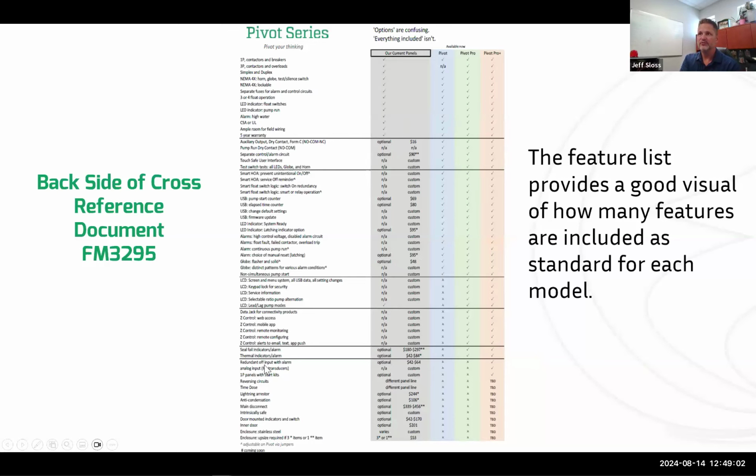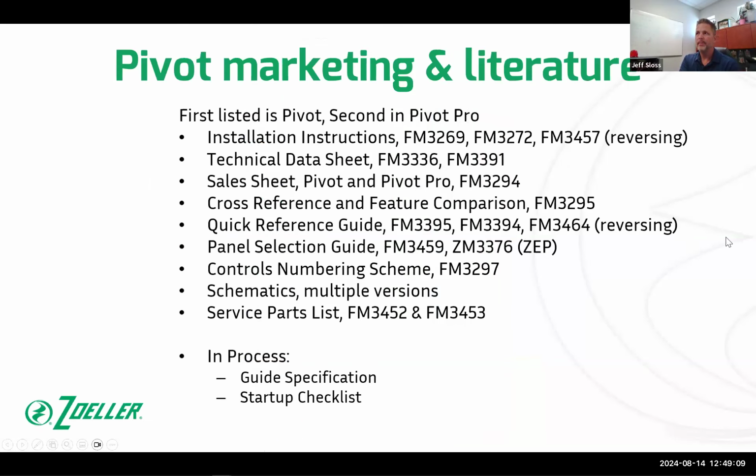Then you've got extra features for Pivot Pro. It's just a nice way to compare what you're getting with each platform. On that page that you can get to through the QR code, all of these items are there: the sales sheets, the technical sheets, and the quick reference guide that I mentioned earlier. They're all very helpful.